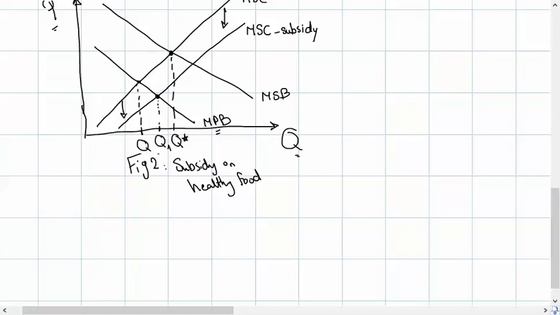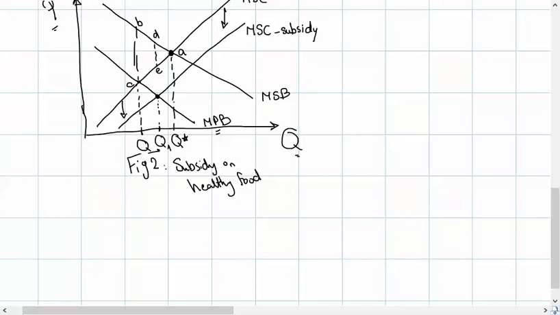Again, the quantity gets closer towards the socially optimum, so it shifts from Q to Q1. And the welfare loss is represented first by triangle ABC. Remember, it points towards the socially optimal, which in this case is A, and is now going to be diminished to triangle ADE. Different people can draw the subsidy in different ways. Sometimes the shift of the subsidy causes the quantity to shift exactly to Q star.